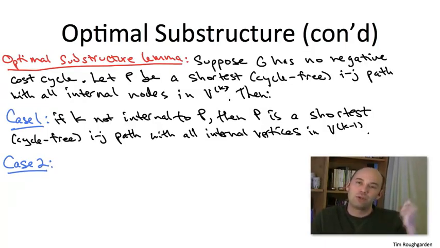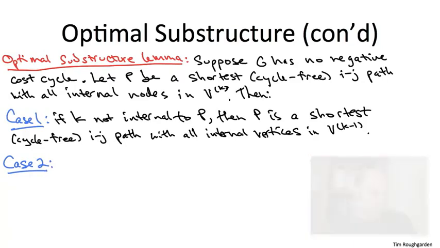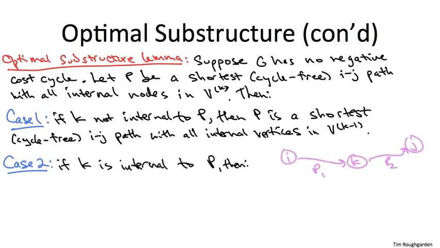The first path P1, which starts at i and goes to the vertex k, and then a path P2, which starts at k and goes to the destination j.